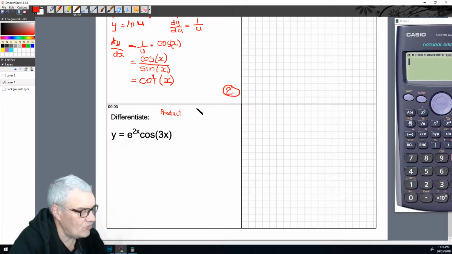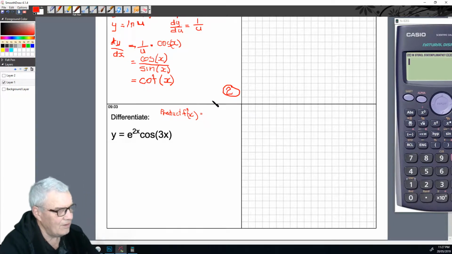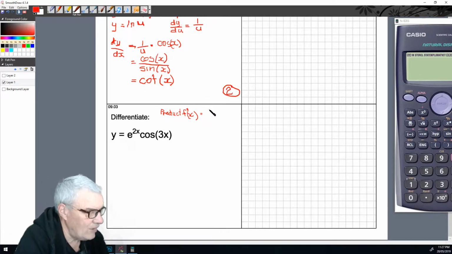And this says f dash of x. Let's use a different terminology here. Equals f dash.